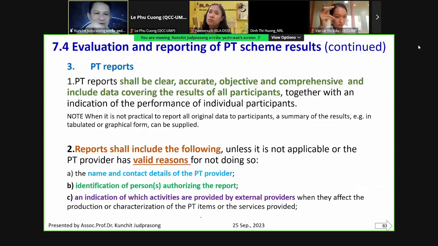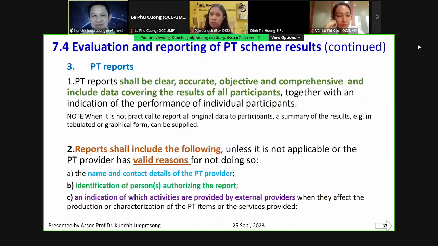Okay, the requirement mentioned is that the PT report shall be clear, accurate, objective, and comprehensive, and include data covering the results of all participants, together with an indication of the performance of individual participants.